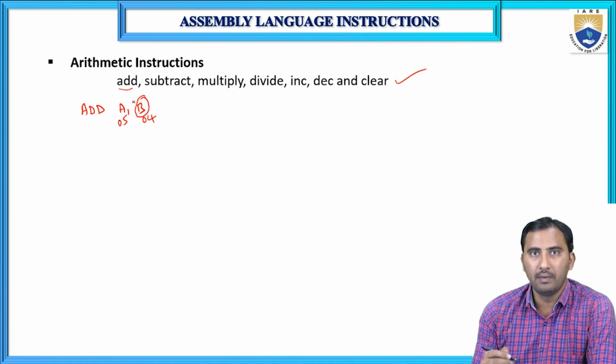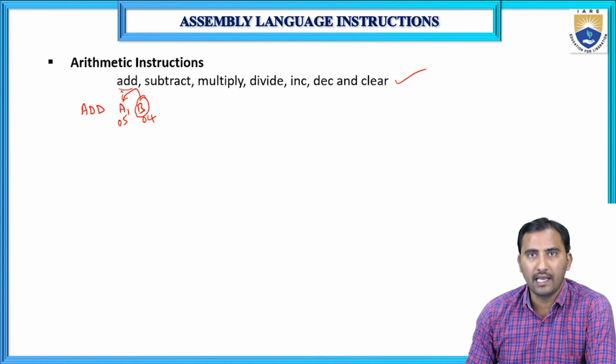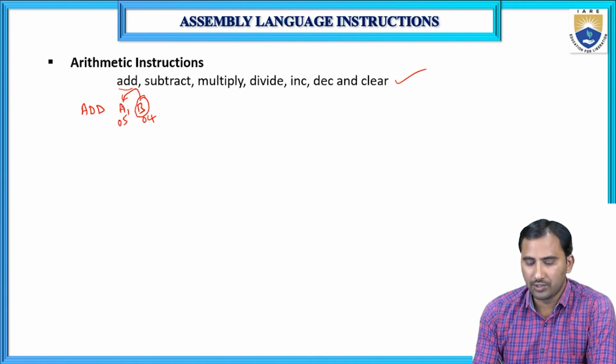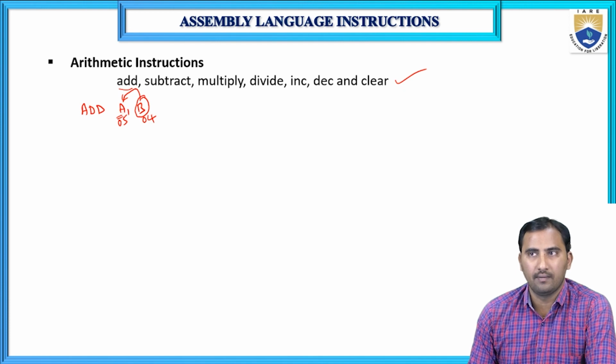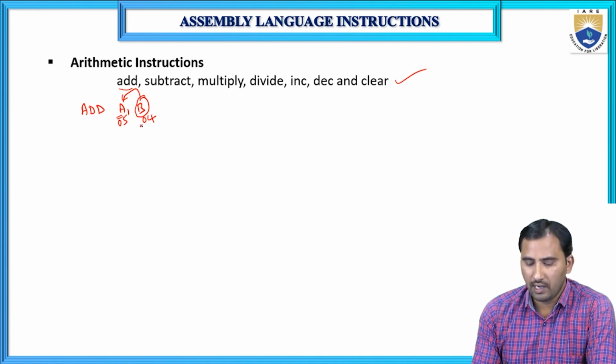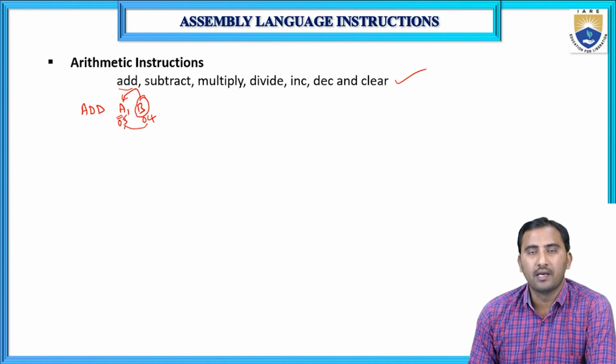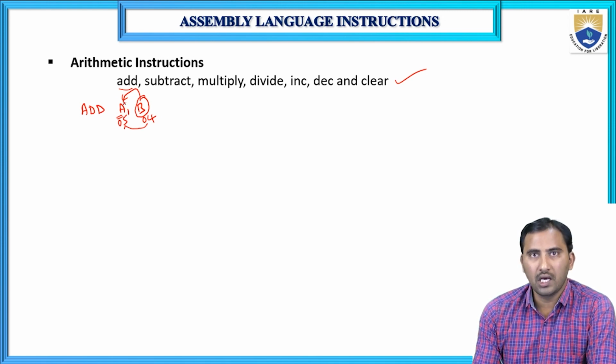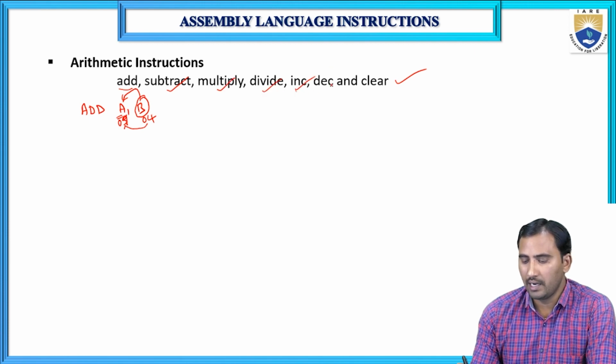The contents of the B register, the 04 value, will be added with the A register. After adding, the result will automatically be stored in the accumulator, the A register. Adding 4 plus 5, the result will be 9. So in register A, the 5 will be replaced with the 9 after the add operation is performed. Similarly, it performs subtraction, multiplication, and division.